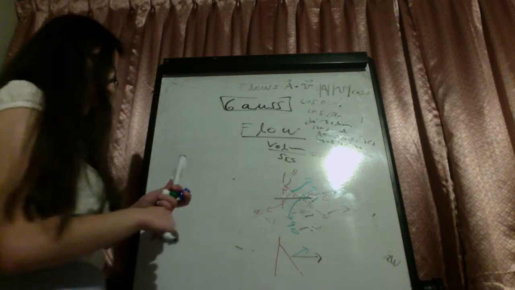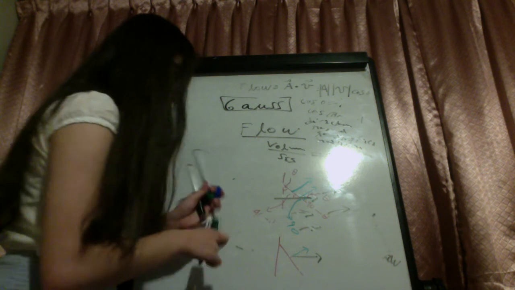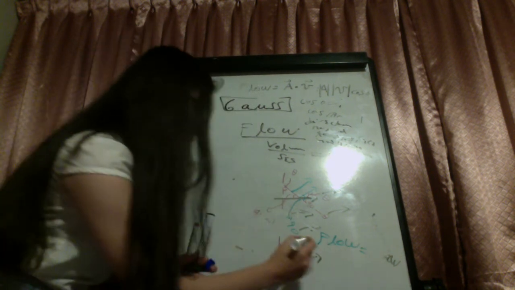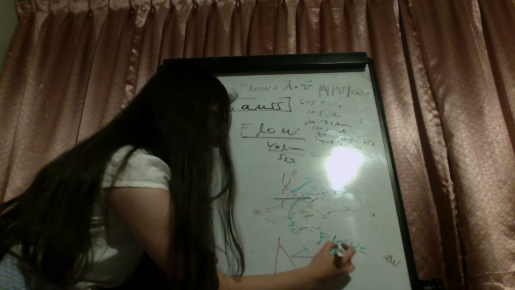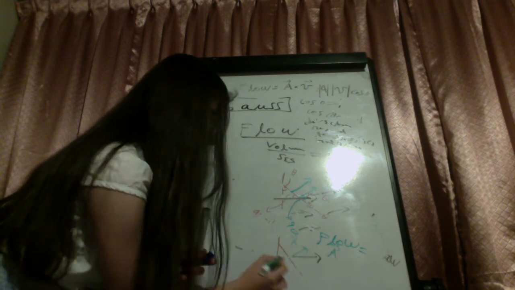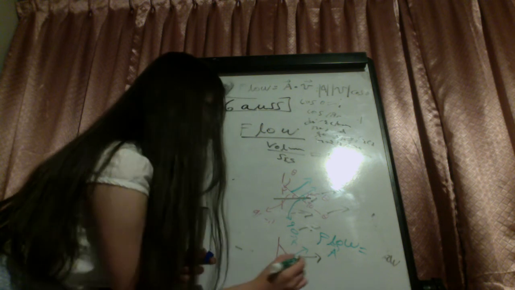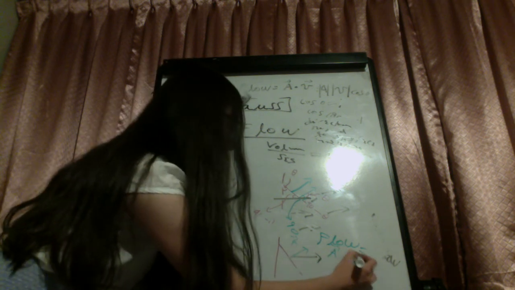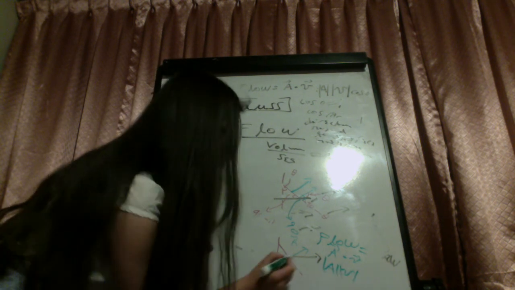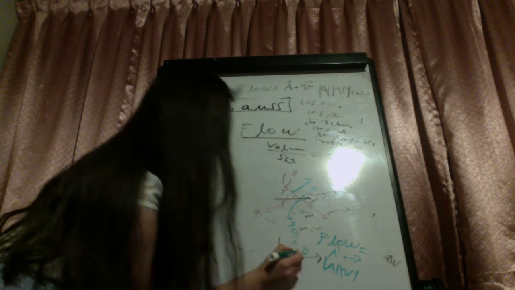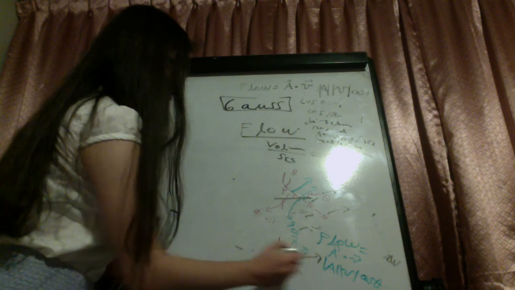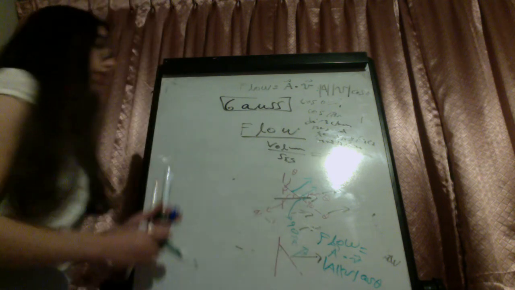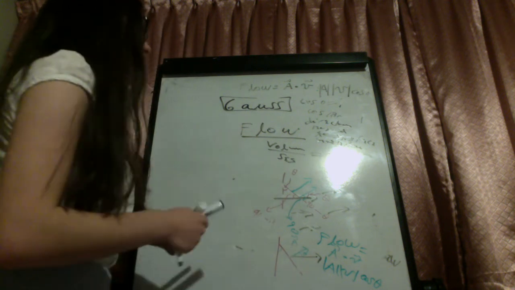So I have that the flow is equal to just the area vector, that is the area vector normal to the surface, dot the velocity vector, because it would be the magnitude of the area times the magnitude of the velocity times the cosine of the angle that is between them. And the cosine of this angle or the cosine of this angle is exactly the same. So now this is flow.